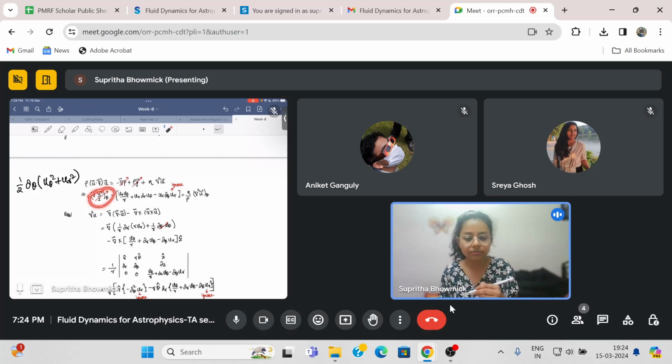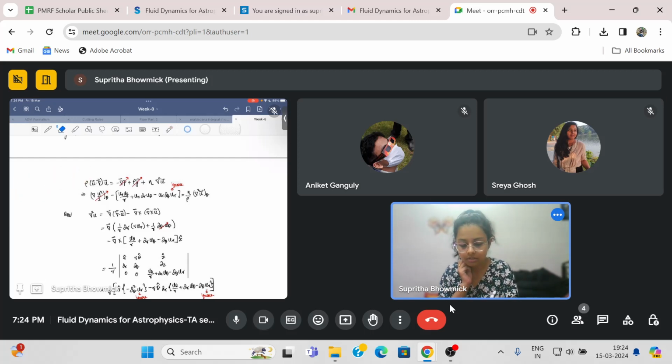Now, why have I crossed off this term? I have crossed off this term because u theta has no dependence on theta. And this term is second order in ur. And ur, we have said, is much, much smaller than u theta. And we will ignore terms which are very small, second order in ur. So we will kill this term off entirely.